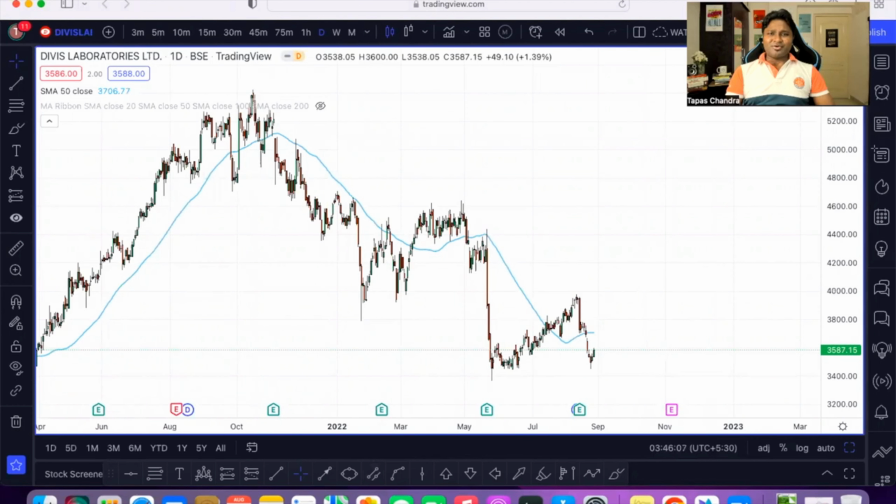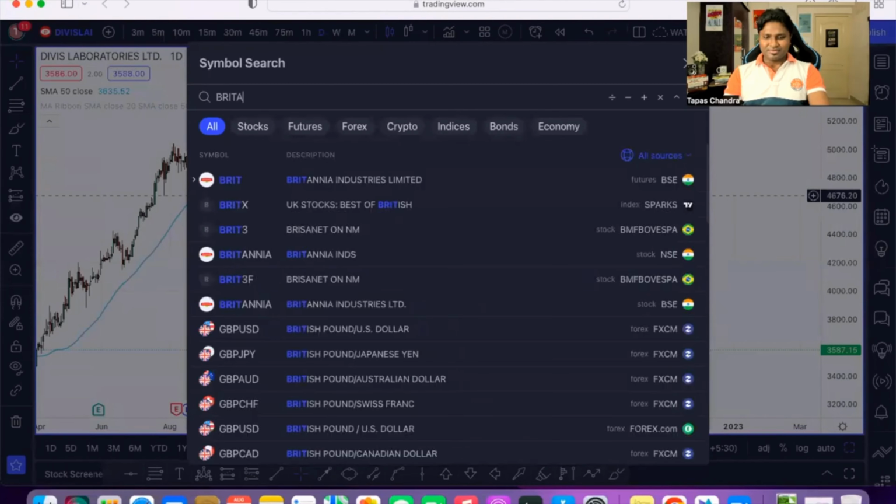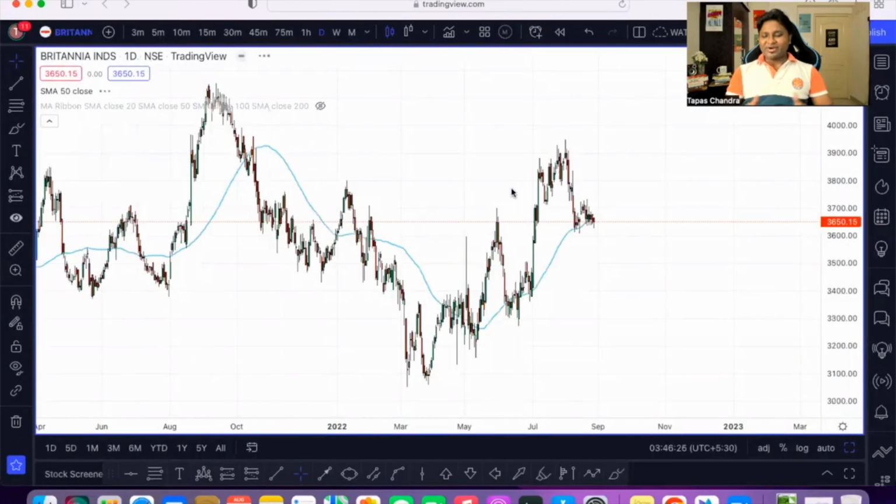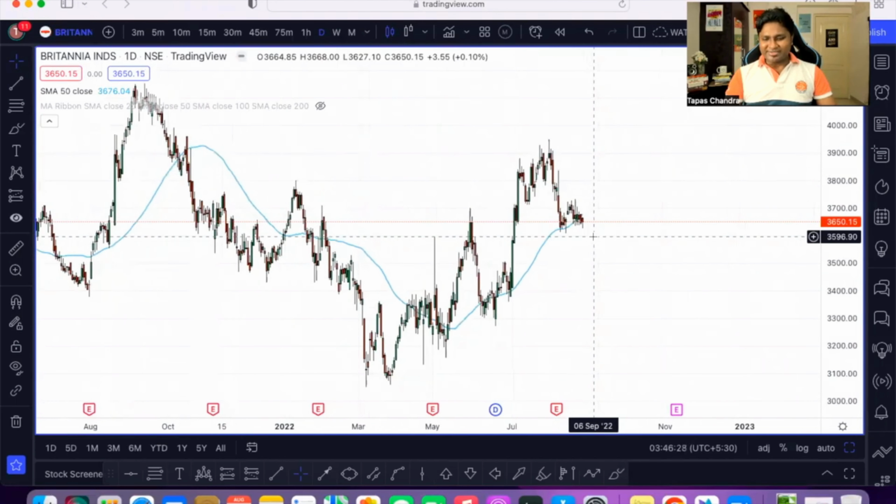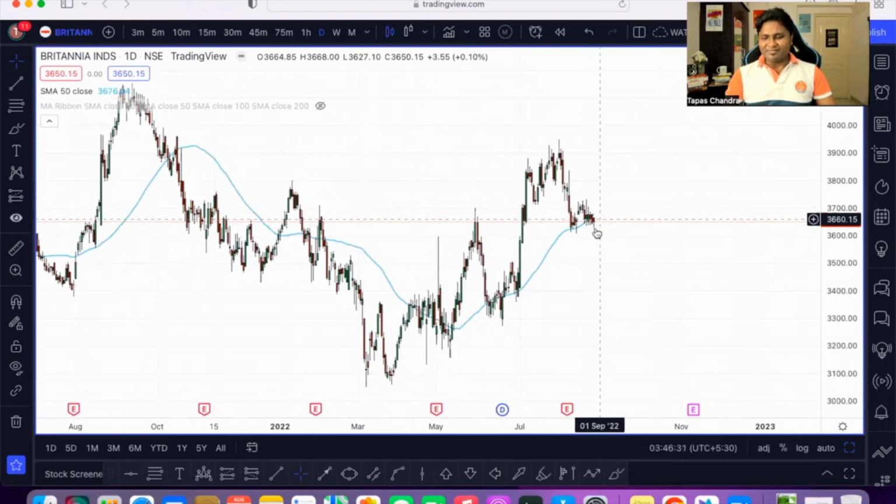Let's talk about it in a similar way. If I am considering two very important and very good stocks in the FMCG sector, one is called Britannia and the other Hindustan Unilever. If I open the chart of Britannia, what happens? The stock price is just touching the moving average.